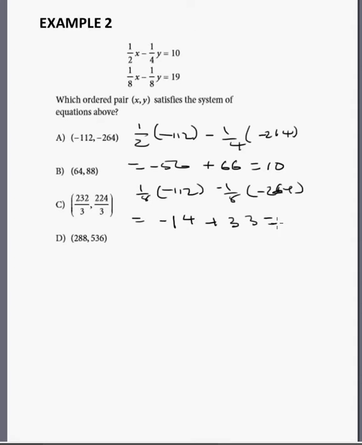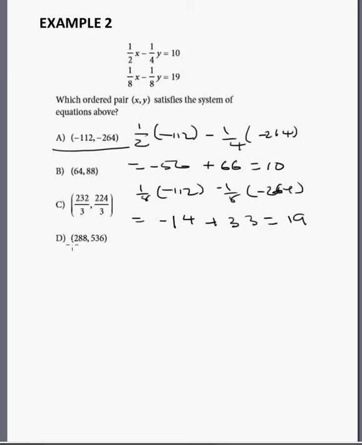So negative 14 plus this obviously is positive 19, so it's also checked. So as you can see, just by plugging in my numbers, and you take your time and do this, you spend all the time you can on the test to do the plug-in so that at least you get them correct. And therefore, answer choice A is here. That is the best choice, the solution set for this.